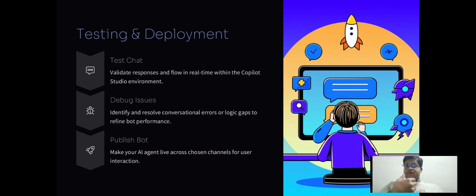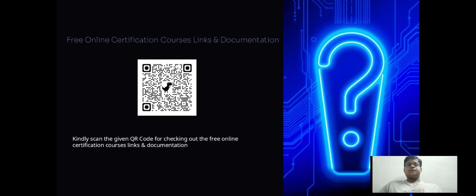So once you have created the topic flow, you may test your agent by entering the queries in the chat window given in the test your agent section, and depending on the errors which are generated, you can always rectify them, you can always correct them, and then you may proceed ahead with publishing them on those channels depending on how your use case is.